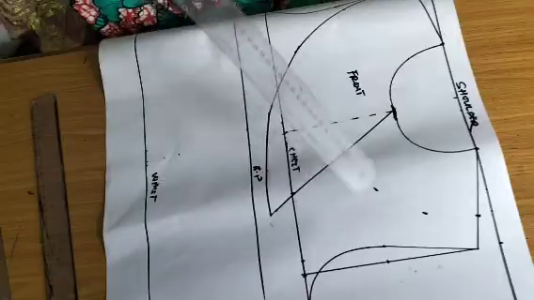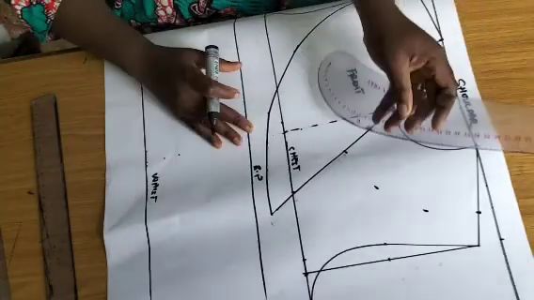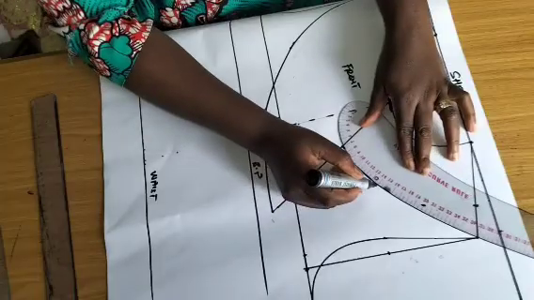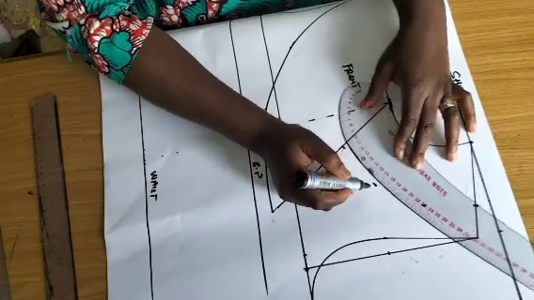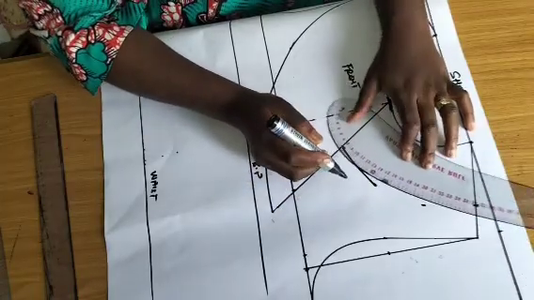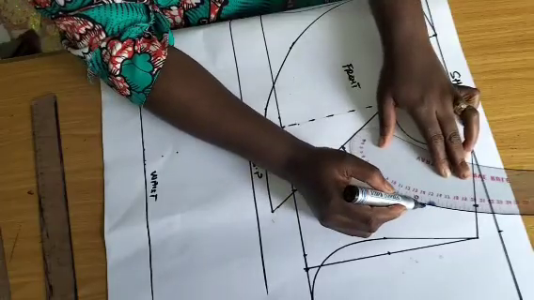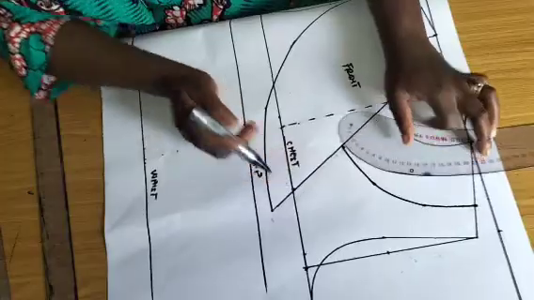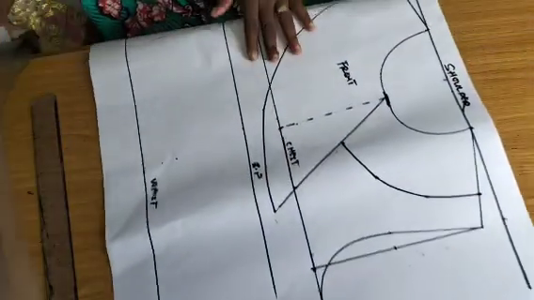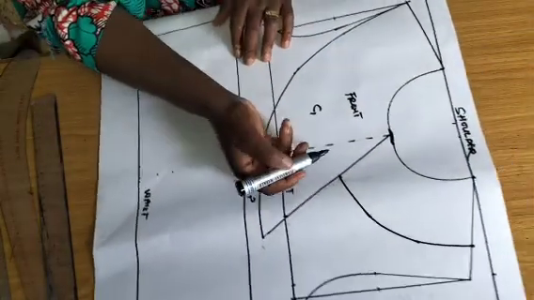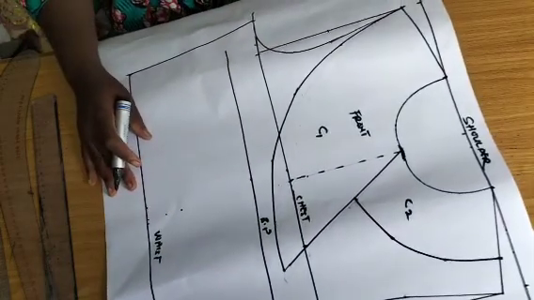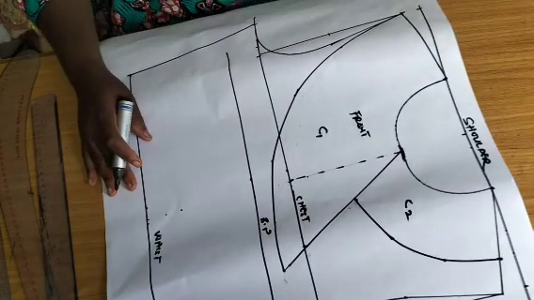I'll come back with my pattern ruler again, and I'm going to do this. What I'm doing is just joining the points, that's all. Once I've joined, I call this cape 1 and this cape number 2, as you can see right there.